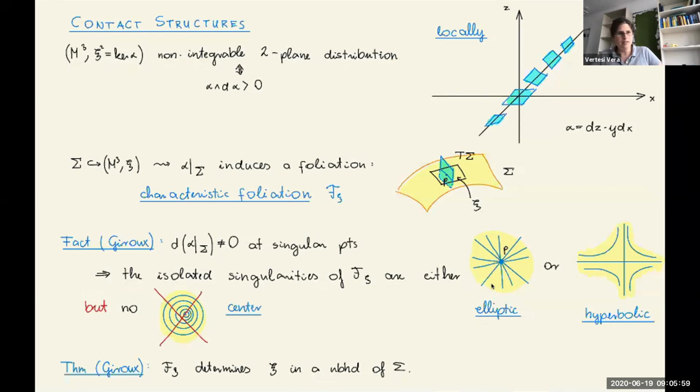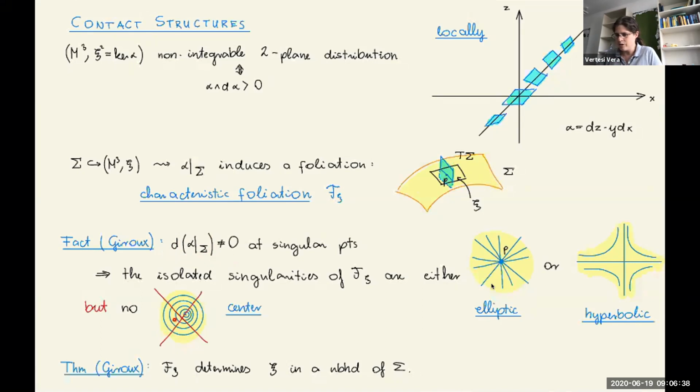What Giroux proved about these characteristic foliations is that the contact condition descends to the surface to be the condition that the divergence of the foliation is non-zero at the singular points. In my talk, I'm mostly going to concentrate on isolated singularities. If you are only thinking about isolated singularities, there are two types with non-zero divergence: elliptic points and hyperbolic points.